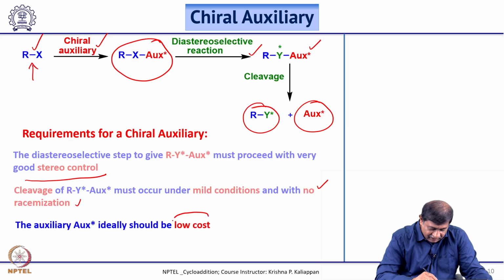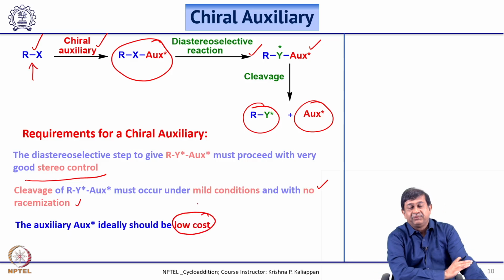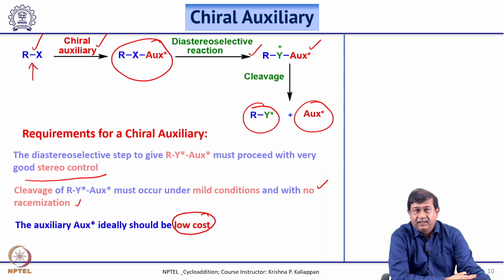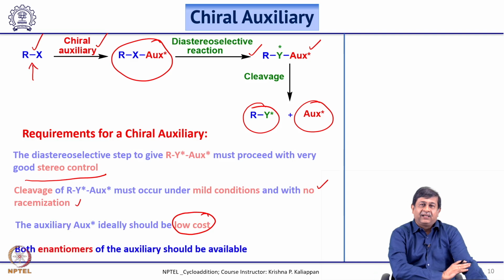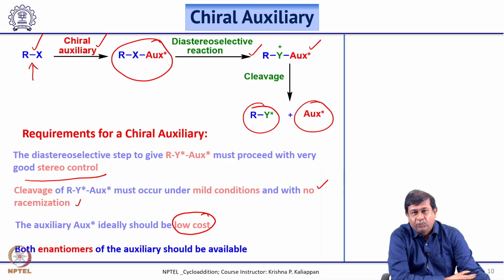And last but not least, the chiral auxiliary should be readily available. If not, it should be made in few steps with efficient yield. And it is always preferred that both enantiomers of the chiral auxiliary are available, because many times you use sugars or amino acids.